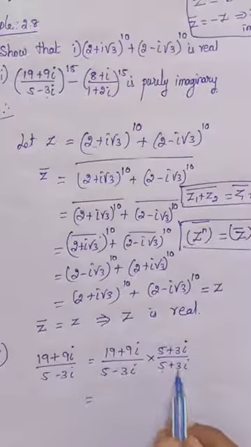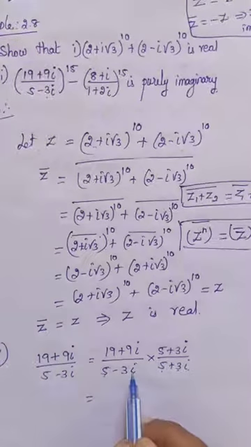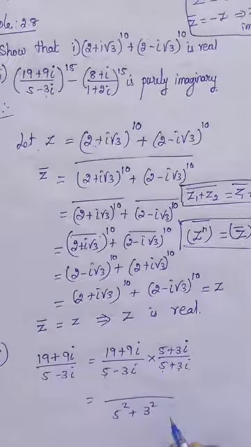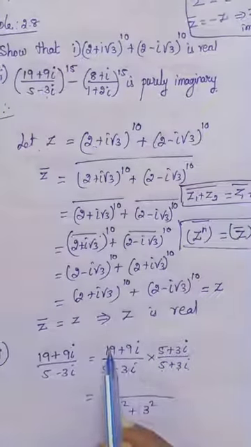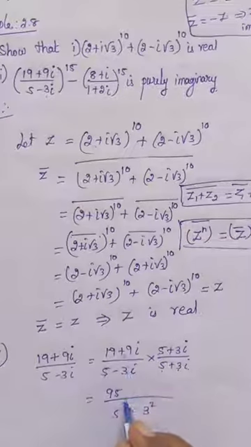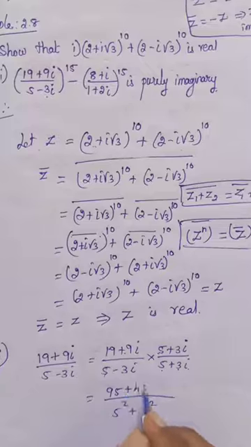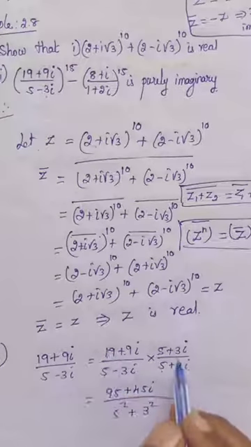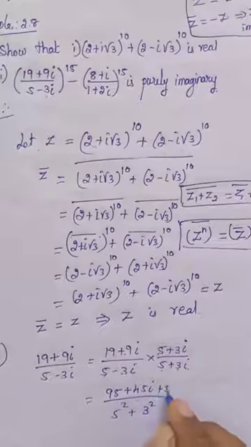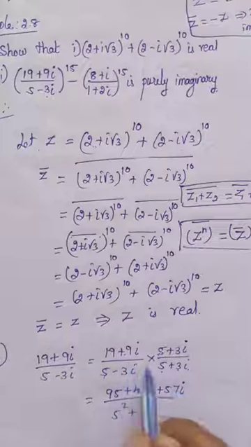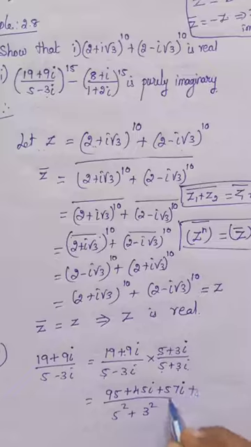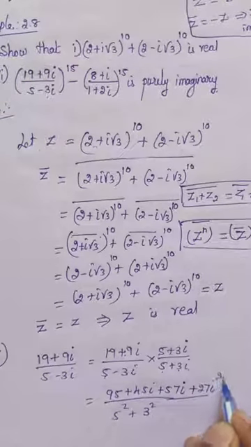The denominator is (x plus iy) into (x minus iy), so x square plus y square, that is 5 square plus 3 square. In the numerator we multiply: 19 into 5 is 95, plus 9i into 5 is 45i, then 19 into 3i is plus 57i, and plus 9 into 3 is 27 i square.